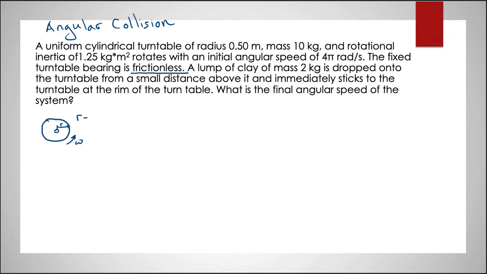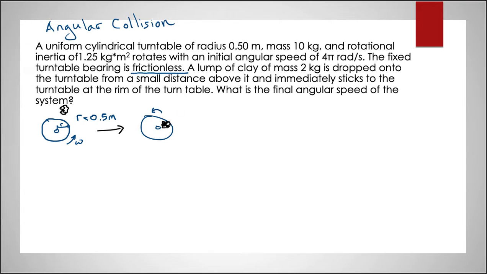That radius is half a meter. All right, and then there is a lump of clay up top. And then sometime later, we've got that same disc, except now the lump of clay is on it. And we want to know what the new omega is.